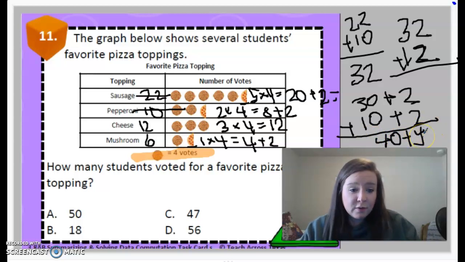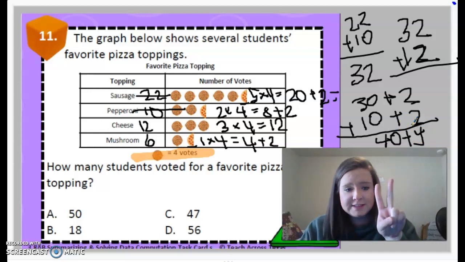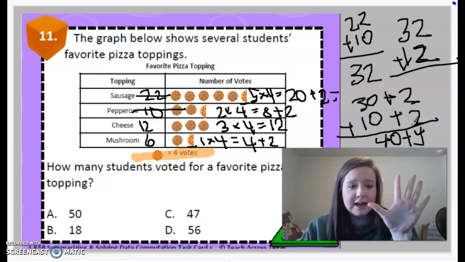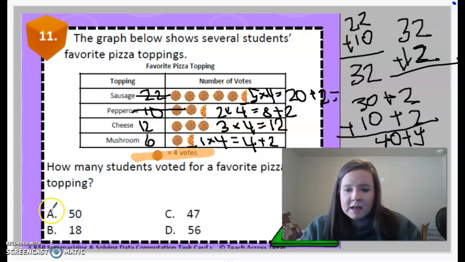And then 44 plus 6, I can do 44 plus 6 using my fingers. So 44, 45, 46, 47, 48, 49, 50. So 50 students voted for their favorite pizza.